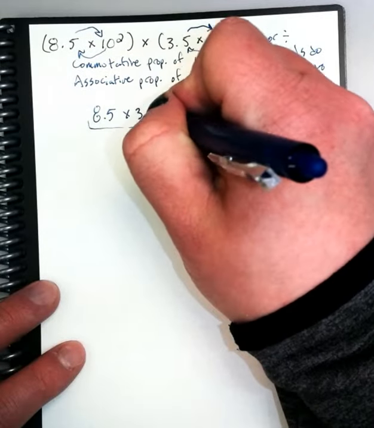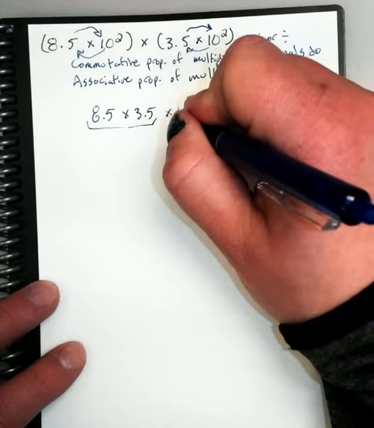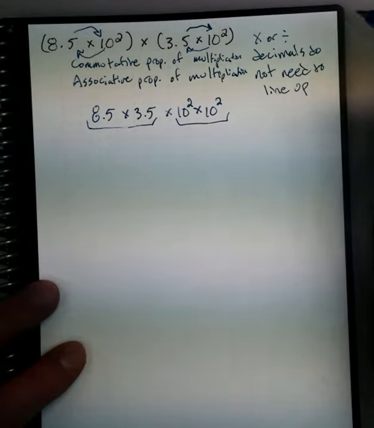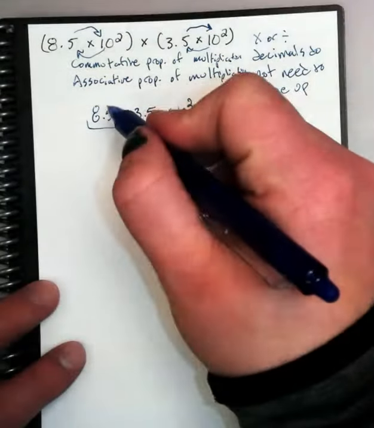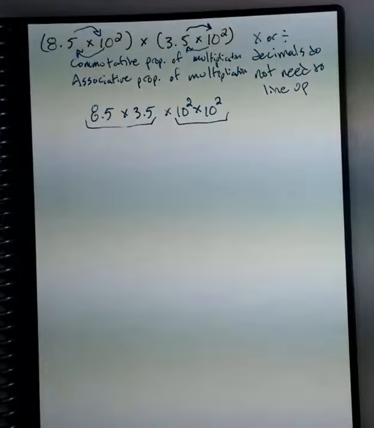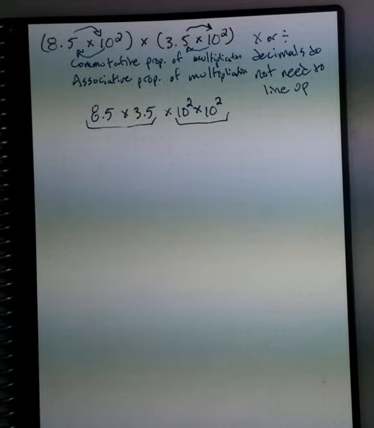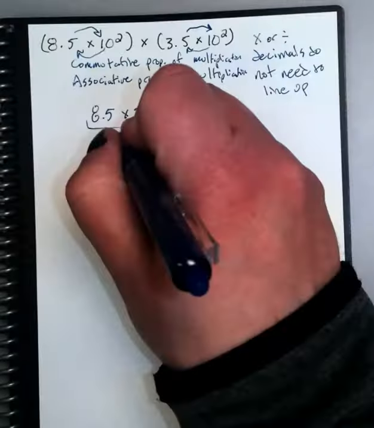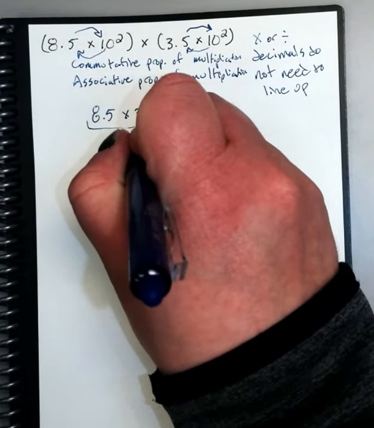And because of the order of operations, I'm going to multiply these together. I'm going to multiply these together. So 8.5 times 3.5, I'm going to use a calculator for. This is going to be equal to 29.75.